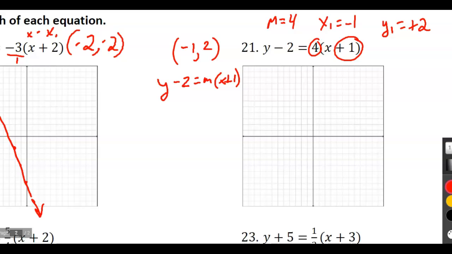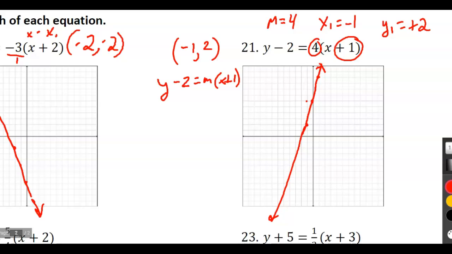All right, so I go to -1, 2 and put my dot. My slope is 4, so that means rise up 4. So I go up 1, 2, 3, 4, over 1. I go up 1, 2, 3, 4, over 1, and sketch my line.